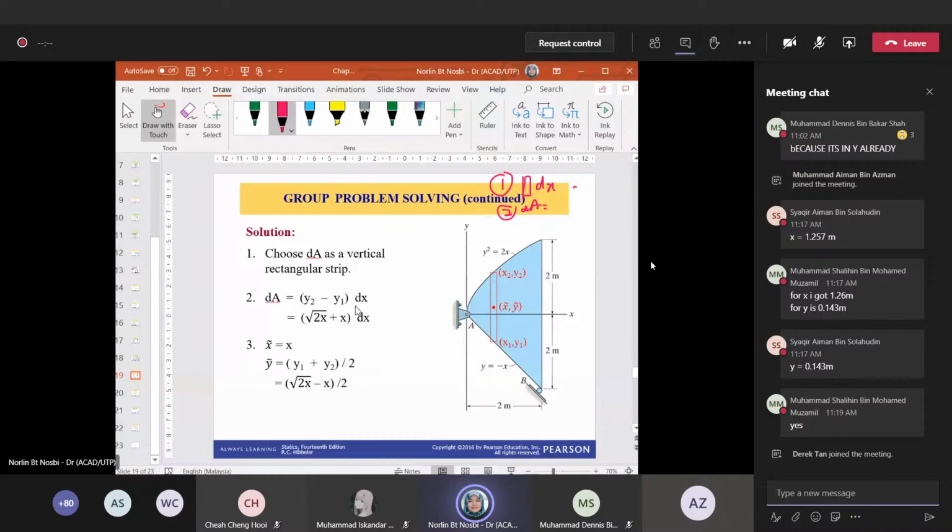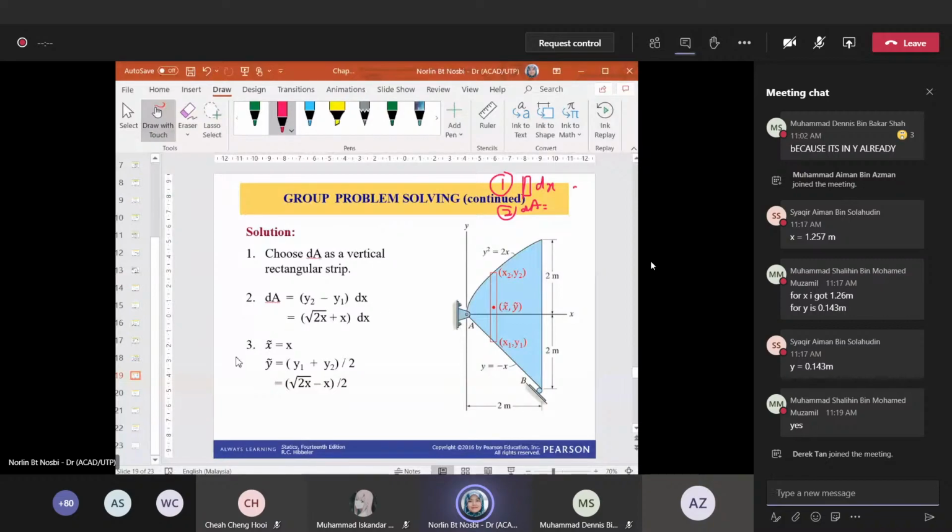For Y2, you arrange back this equation, so you will get 2x third. And then for Y1 at the bottom here, you change it, the negative will be plus. So it is 2x third plus x over dx. So this one is step 2.